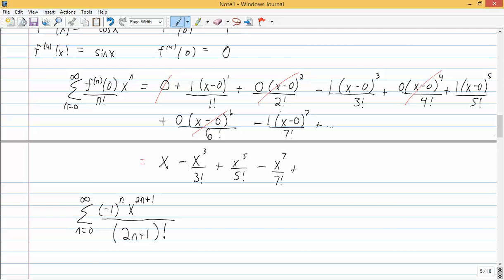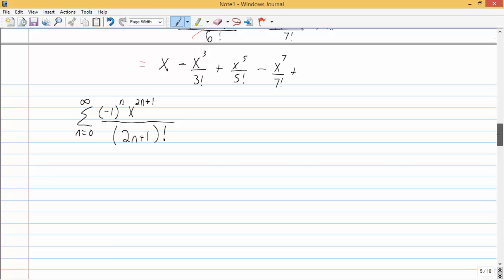Now, knowing that, if I wanted to find a Maclaurin series for x squared sine of x, then all I would have to do is take the series for sine of x and say it times x squared.